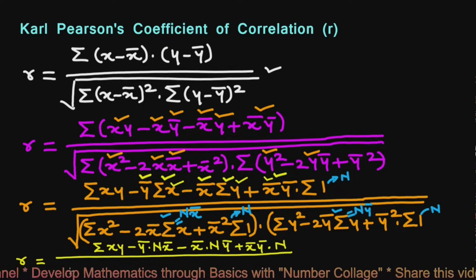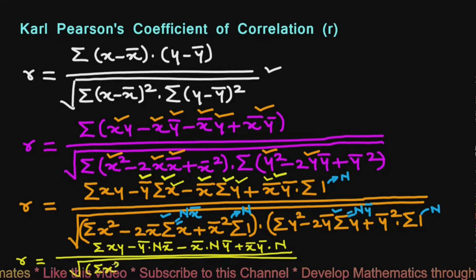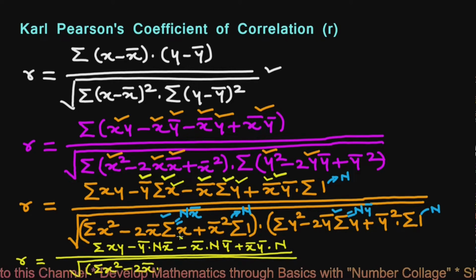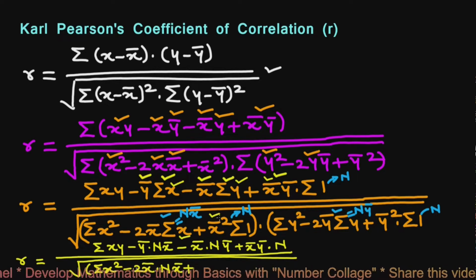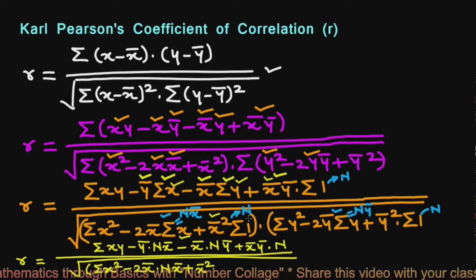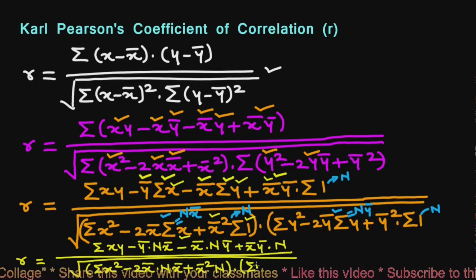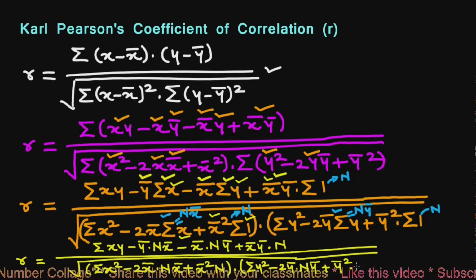In the denominator, it will be square root of summation x square minus 2 x bar into, for this summation x, n into x bar, plus this x bar square into this n, into summation y square minus 2 y bar n y bar plus y bar square into n.